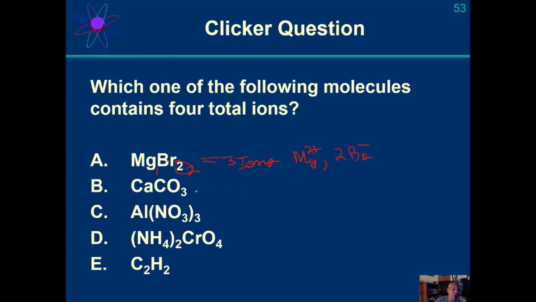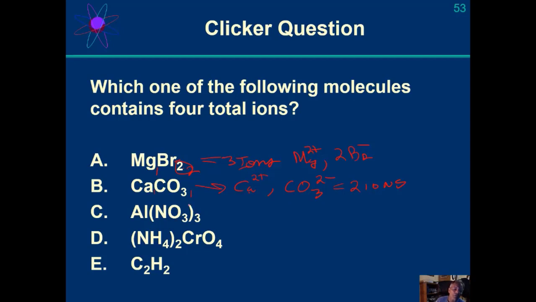This one, if we split it up, we've got a 1 here, we've got a 1 here. Calcium is an alkaline earth metal, and in ionic compounds those are all +2 ions. And then we have one polyatomic carbonate ion with a 2-. So that's 1 ion plus 1 ion, and that equals 2 total ions. This is aluminum nitrate. We're going to split this up.